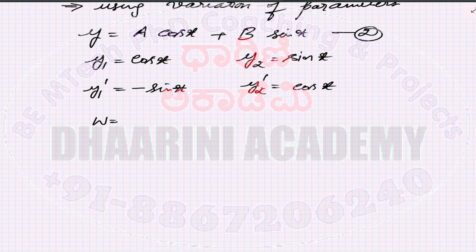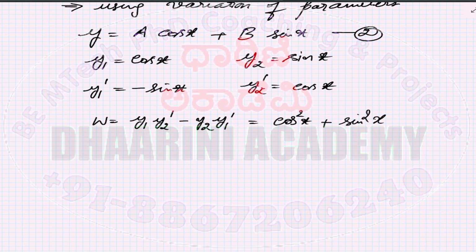W is given by the equation y1 into y2 dash minus y2 into y1 dash. So y1 into y2 dash will be cos square x minus, so minus of minus will be plus sin square x. Cos square theta plus sin square theta is 1, so w is nothing but 1 in this case.